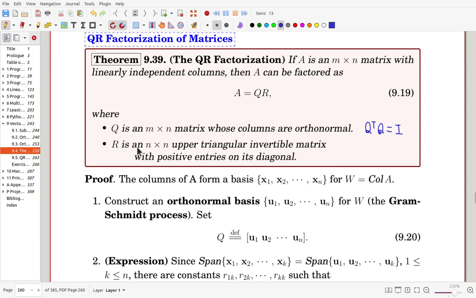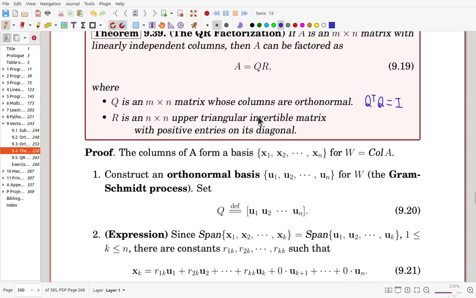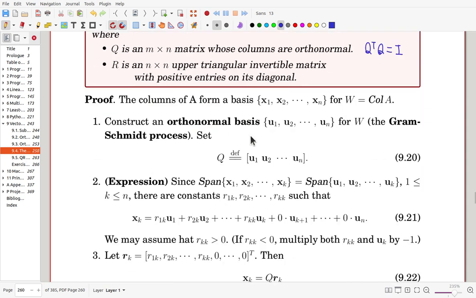Now R is an n by n upper triangular invertible matrix with positive entries on its diagonal. We can make this factorization. The proof of the theorem is quite simple.